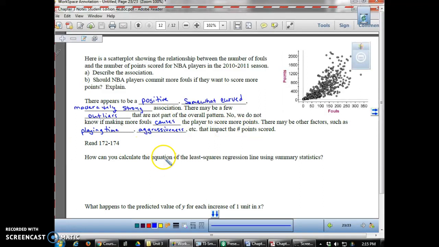Okay, now how do we calculate the equation of the least squares regression line using summary statistics? And this just means either one var stats or you're given the data or you're given the stats. And usually you would have to be given X bar, Y bar, and R to get started on this. What we're trying to do is on the formula sheet.